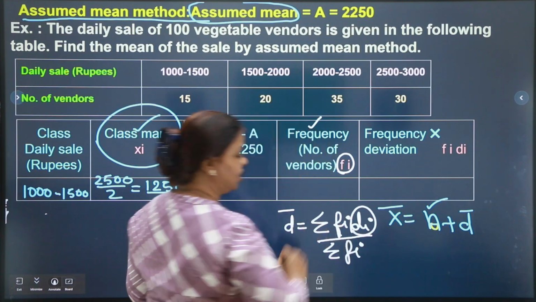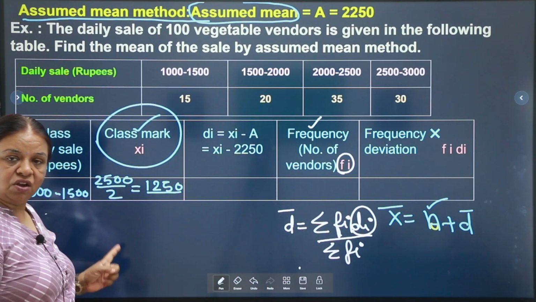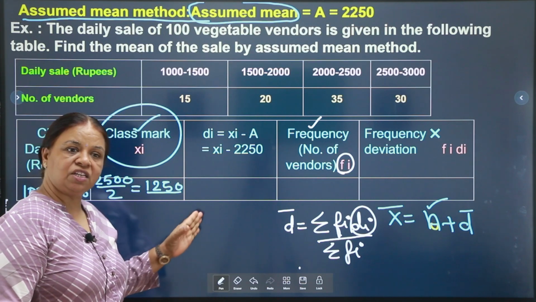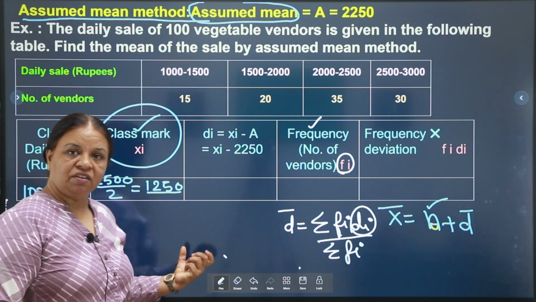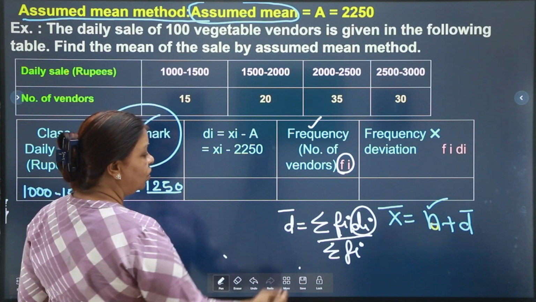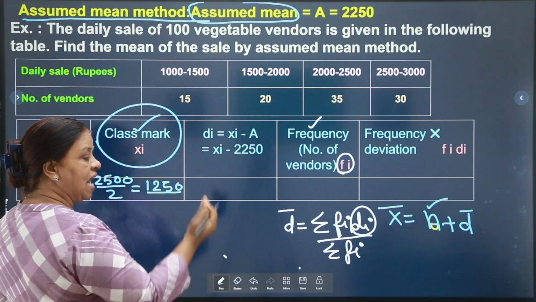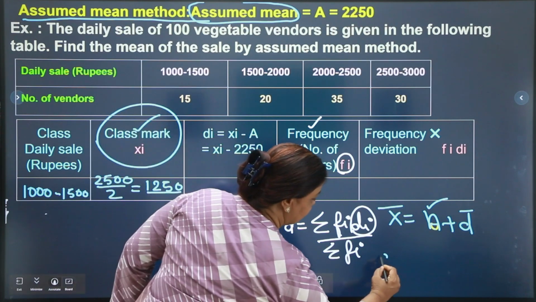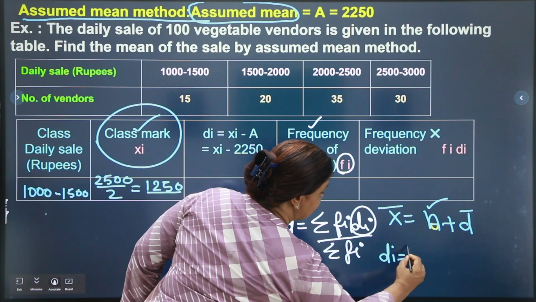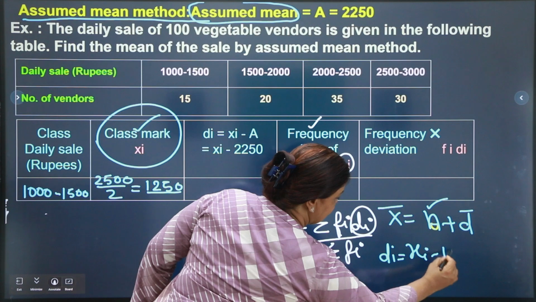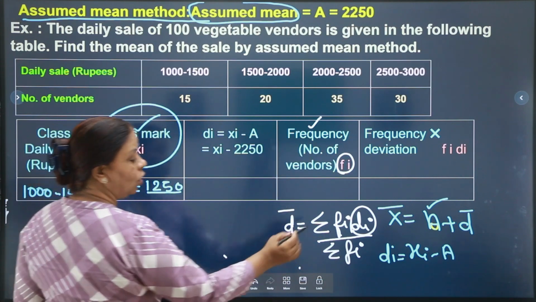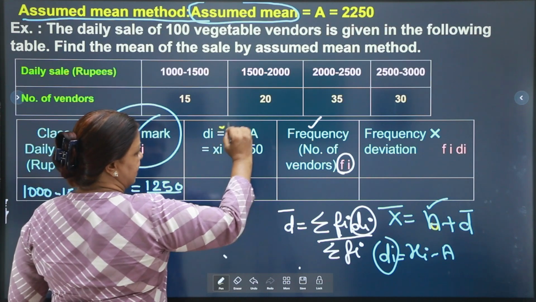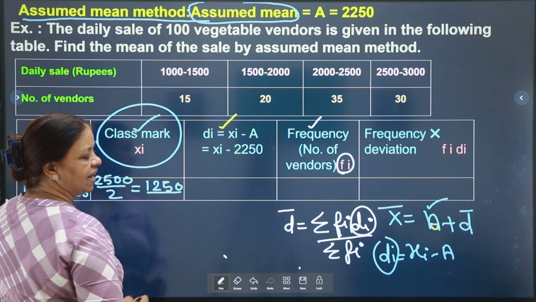Di is the deviation. As I explained first, children, the numbers you got by subtracting 40 from 43, 45 and so on, that was the deviation. So di is the deviation. And how do we get di? Di is equal to xi minus a. So we need to have the column of di, and that is the reason we are having the di column.